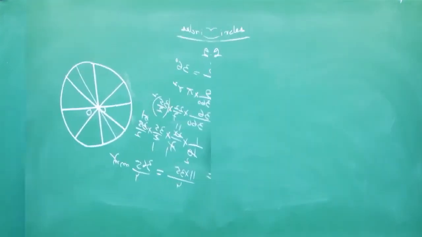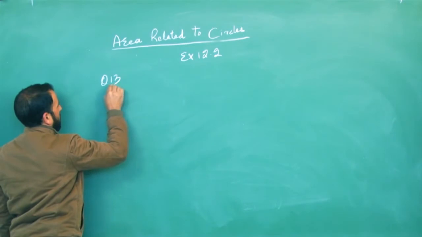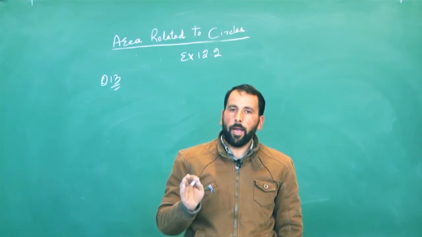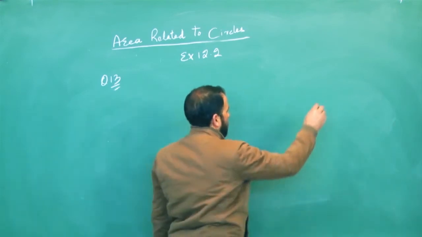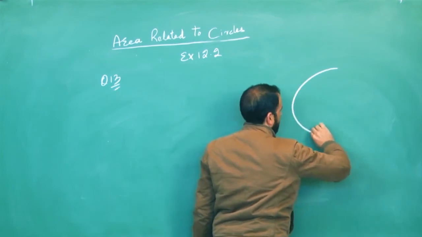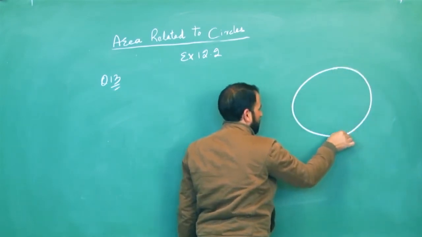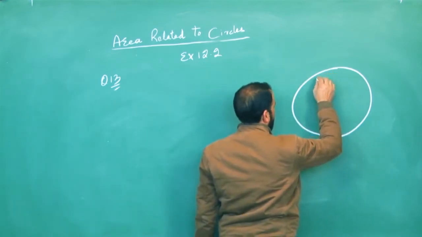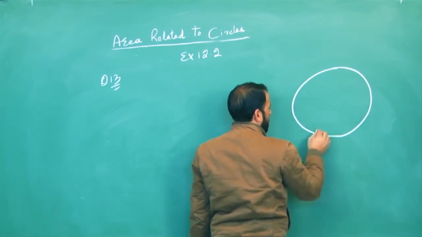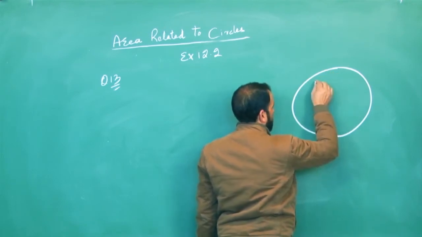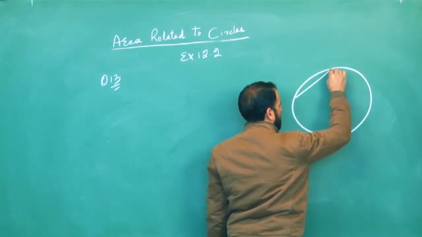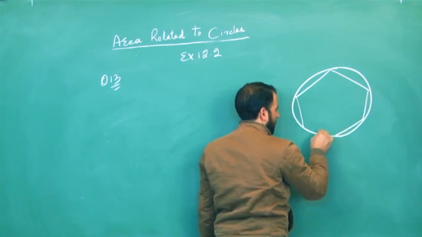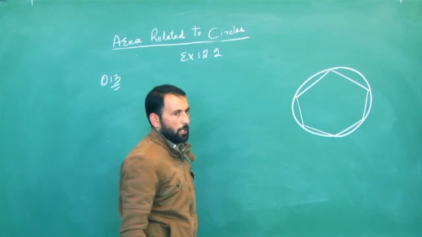Question number 13. We have a round table cover with 6 equal designs as shown in the figure like this. If we draw the 6 equal designs here, 1, 2, 3, 4, 5, 6 are the 6 equal designs here.